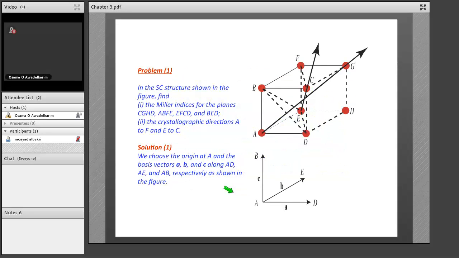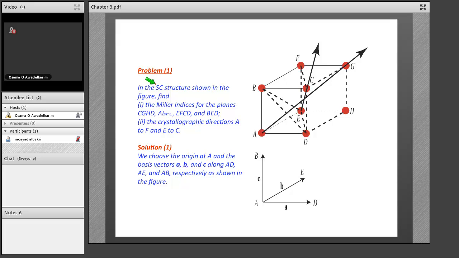This example here hopefully gives us a good illustration of how to work out planes and how we define equivalent planes, etc. What we have here is a simple cubic structure. So we have the SC structure, which is shown in this figure here. Now we want to find the Miller indices.